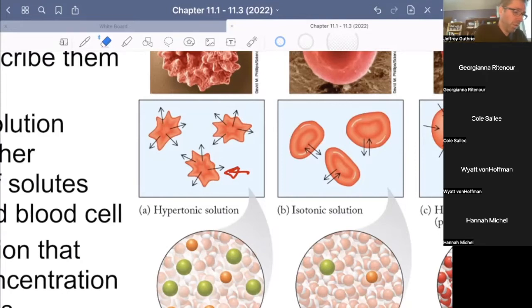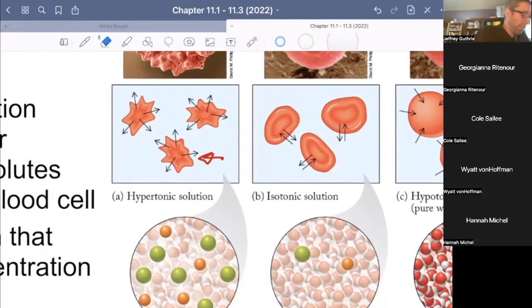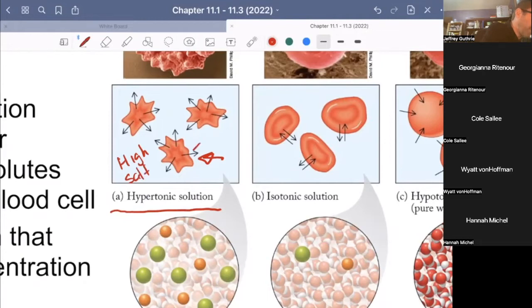Okay, so we're over here. A hypertonic solution would be the one we were talking about with the seawater. So in the outer water solution, there's going to be a high concentration of salt, and then inside the cell would be a low concentration of salt.